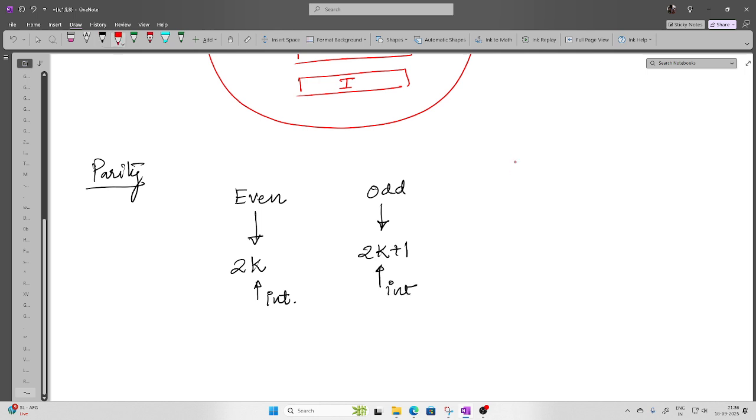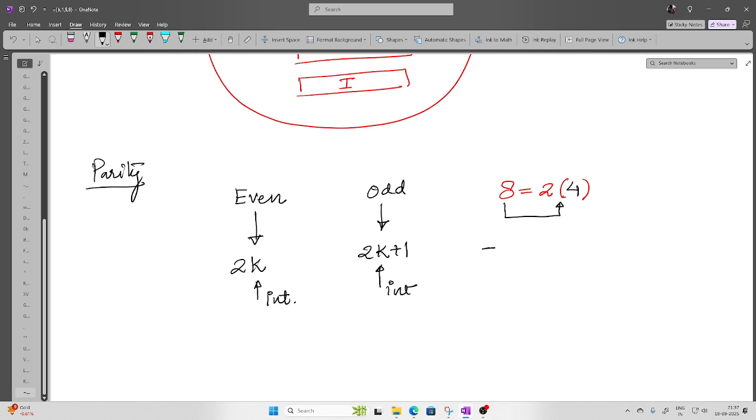For example, let's say I want to check whether the number 8 is an even number or not. The simple thing I must ask myself is whether I can write 8 as 2 times some integer, and I know that is 4. So 8 is following the 2k rule, and hence it is an even number.